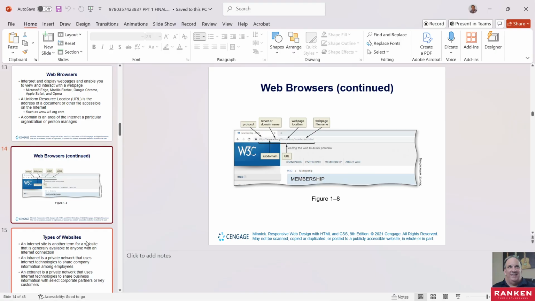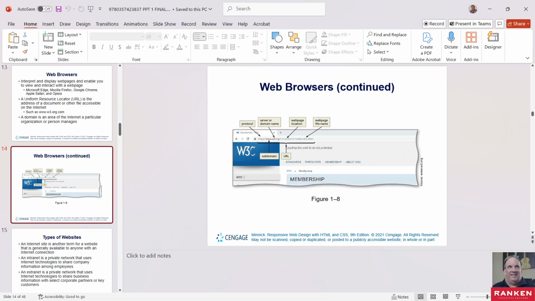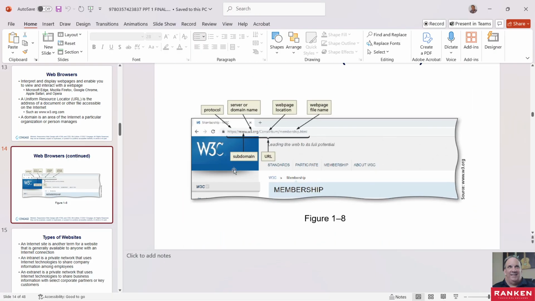Just some basics on this. I could make this a little bigger. I probably should at least show this a little bit. Your protocol is put in there by default, depending on your browser, but the true URL actually has the protocol in there. There's HTTPS. Whenever you see an S, that means secure. Almost everything has to be secure nowadays.